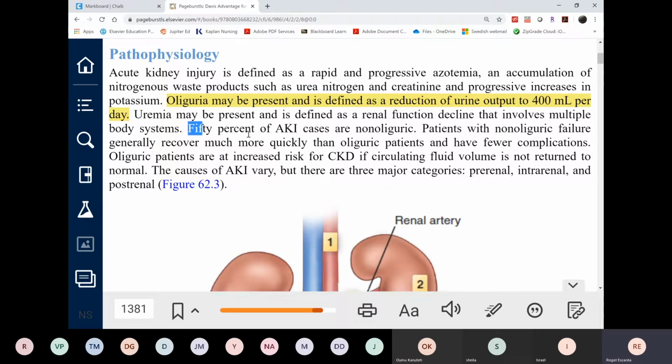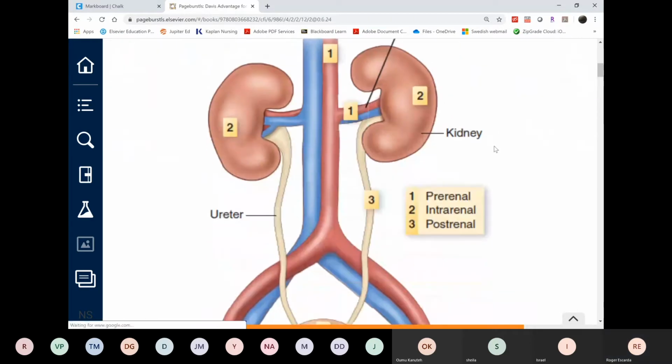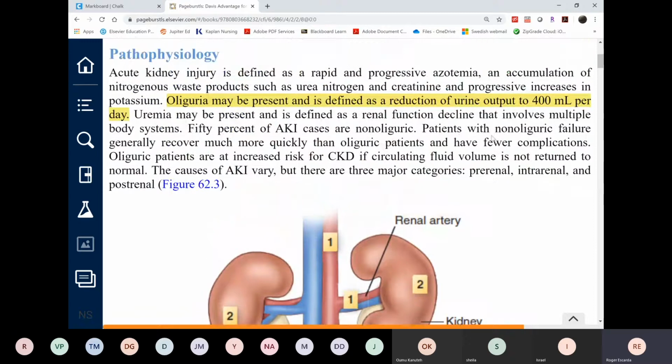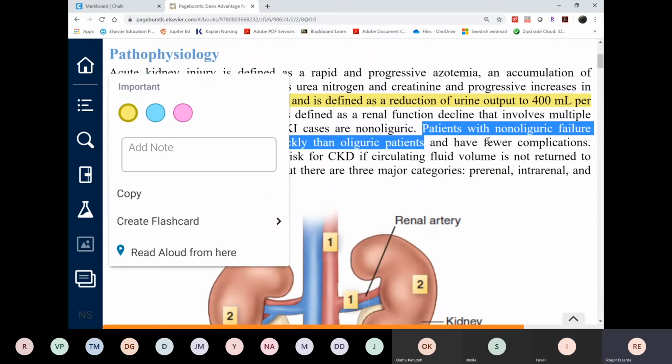Although it says here 50% are non-oliguric, it's actually less than that. But there's a silver lining there, because if the patient is non-oliguric, they tend to recover quicker than oliguric patients.